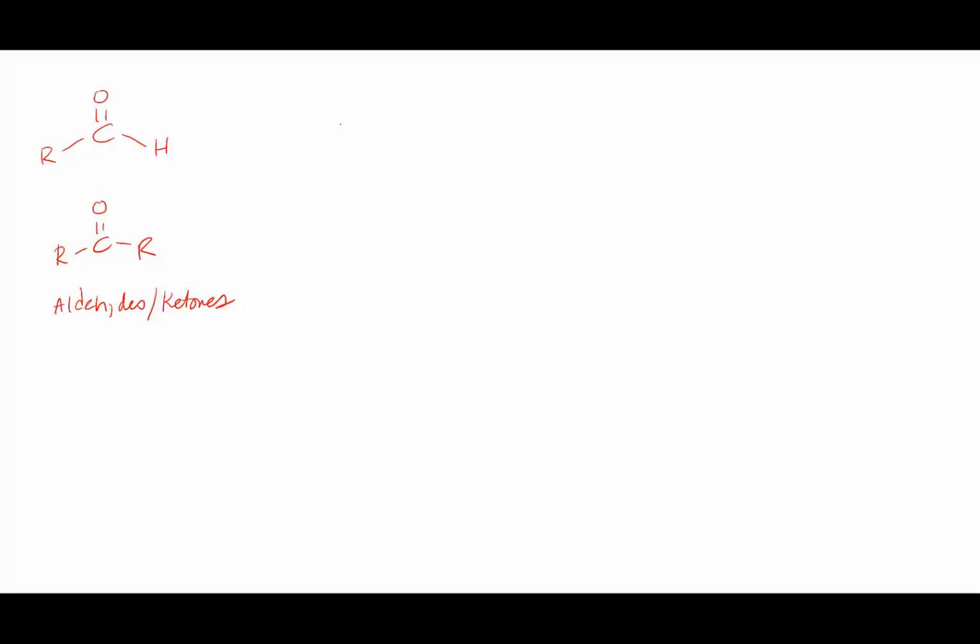But I'll introduce the other carbonyl functional groups that we're going to be talking about in the next set of chapters. So those are called carboxylic acids and their derivatives. So we have a carboxylic acid, and then we have their derivatives, which I'm going to show you in a specific order that we'll get into a little bit later.